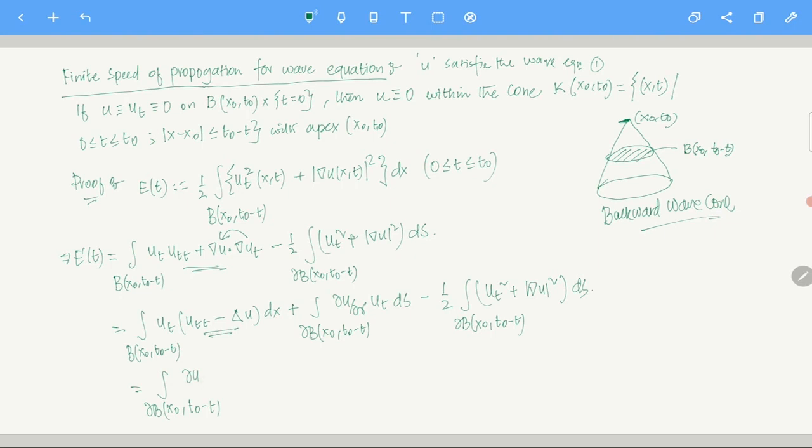So we get the integral of ∂u/∂γ u_t minus half u_t squared minus half gradient u squared dS. I will just put everything together.